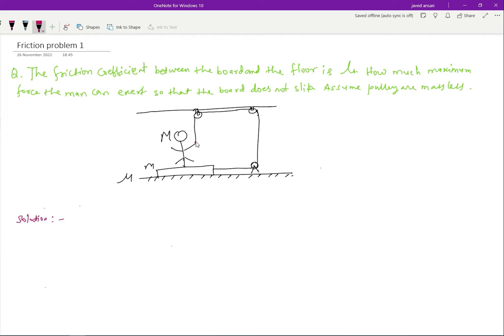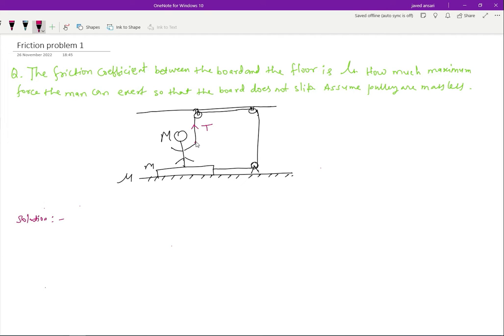So man is pulling the string down, so string will pull the man up with the same magnitude, right? So consider tension in the string is T. So T, with the same tension, the string will pull man upward.